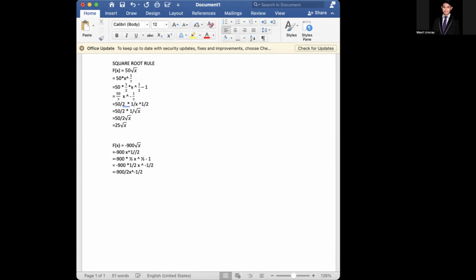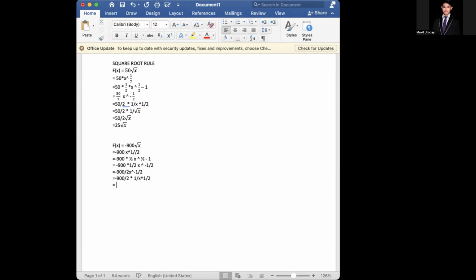And then afterwards, we can also write negative 900 over 2, then times 1 over x to the power of 1 half.